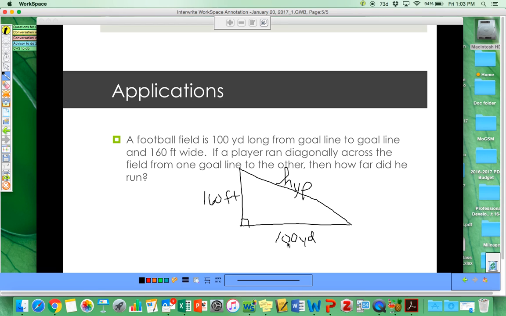And so I'm going to go ahead and turn this into feet. We know that there are 3 feet in every yard. Therefore, 300 feet would be your 100 yards. And so now, because we're looking for the hypotenuse of a right triangle, I can always do the Pythagorean theorem. And again, I'm going to let you go ahead and solve that one yourself.